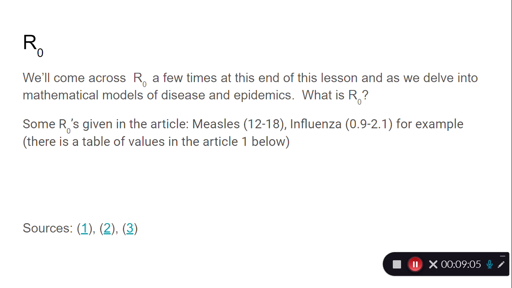You'll see there's an article in the Top Hat assignment where you're asked to look over the article. It's not very long, and there's a table in that article. So things like measles, which are extremely contagious, have an R0 of 12 to 18, indicating that a single person could infect as many as 12 to 18 people, whereas influenza is, say, between 1 and 2, for example.